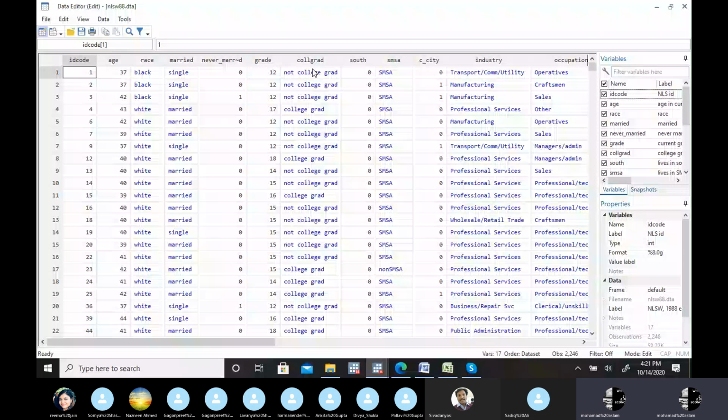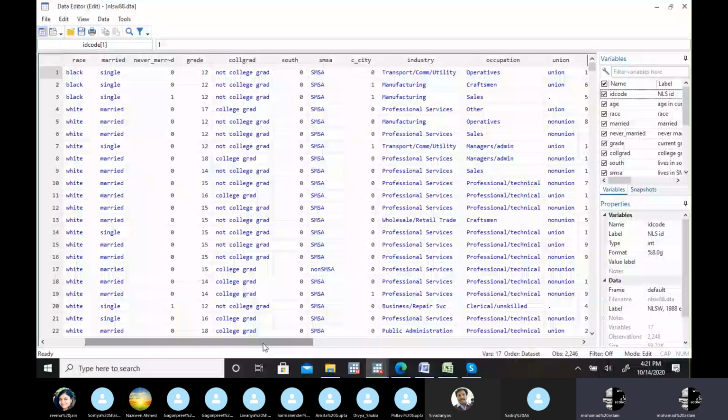Let's suppose I want to see, okay, this one, race and college graduate. Black and white. Is the distribution equal in the college graduate and non-college graduate, or is there some significant difference? Here with the chi-square association, you can't say the degree of association.